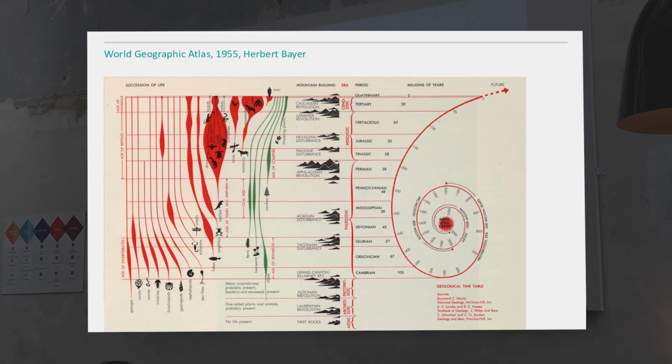For that timeline in the upper right-hand corner of that two-page spread, which he titled The Succession of Life, he controls the time scale, which is 3,000 million years. The theory was this is the time since the formation of the planet Earth, 3,000 million years.